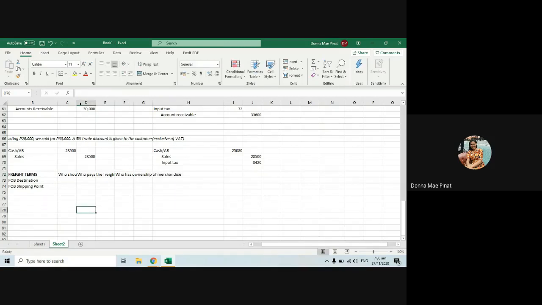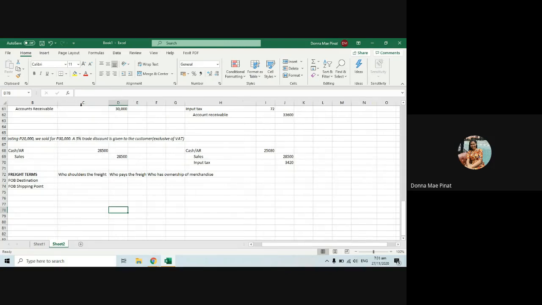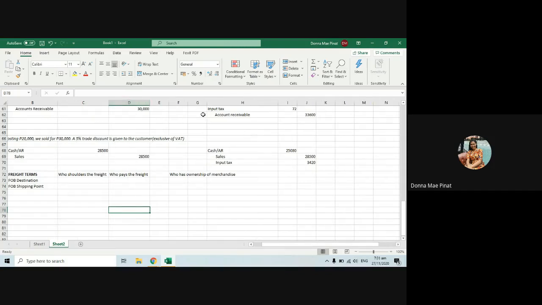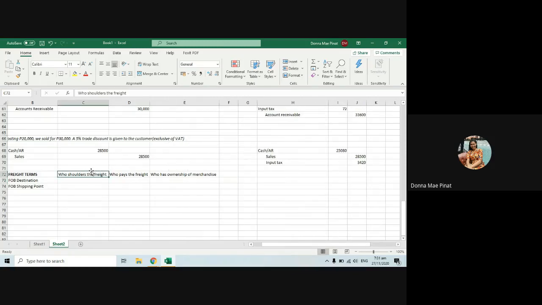So who has ownership of merchandise? Who shoulders the freight? Who pays the freight? Who has ownership of merchandise?